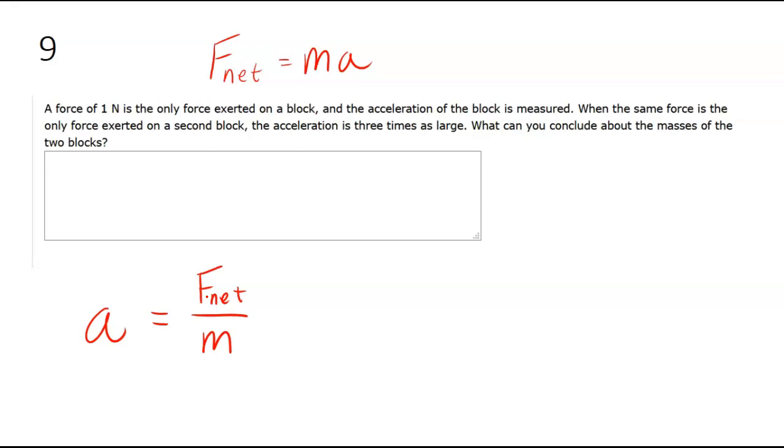So, if I have the same force, but I end up with a larger acceleration, that must mean that I have that same force act on a smaller mass. Specifically, if the acceleration is 3 times as large, that must have been because my mass was 1/3 the amount.